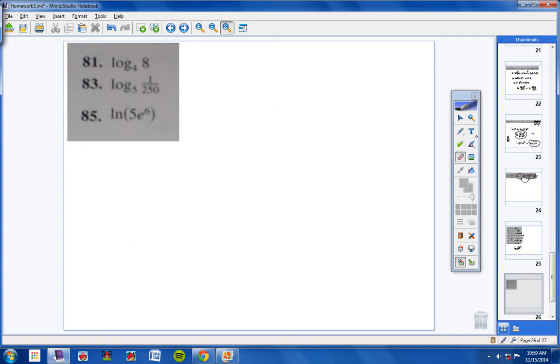Okay, number 83. We're going to set this equal to x. Now, next I would have 1 over 250. I think this will work, guys. Maybe not. Let me think this through for a second here. Let's put log base 5 of 1 minus log base 5 of 250.